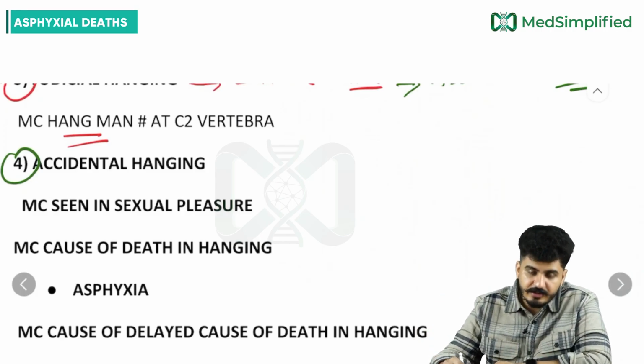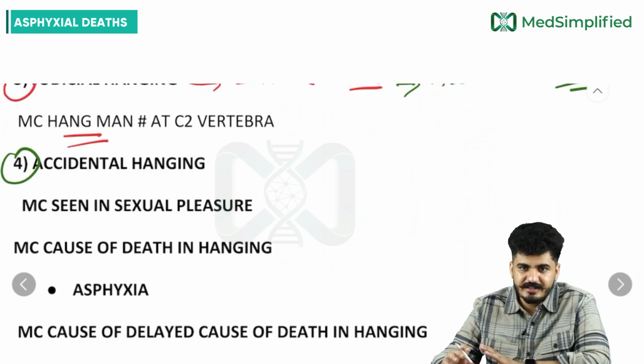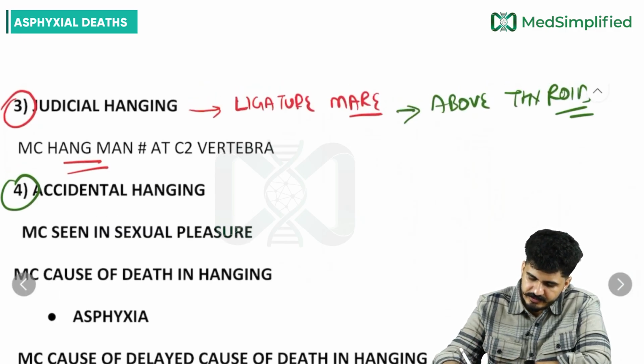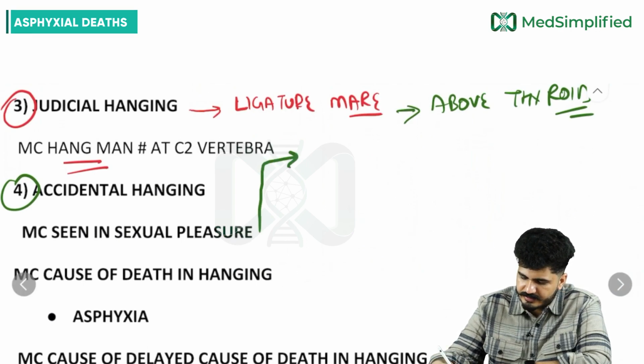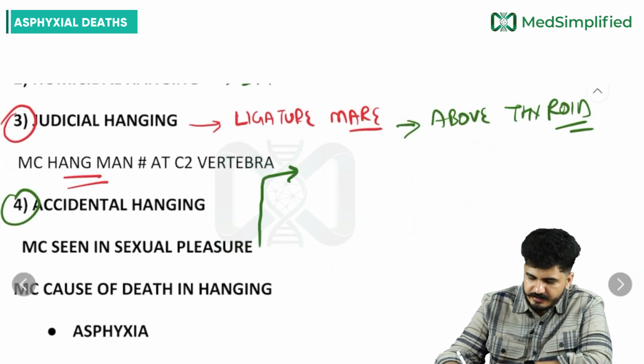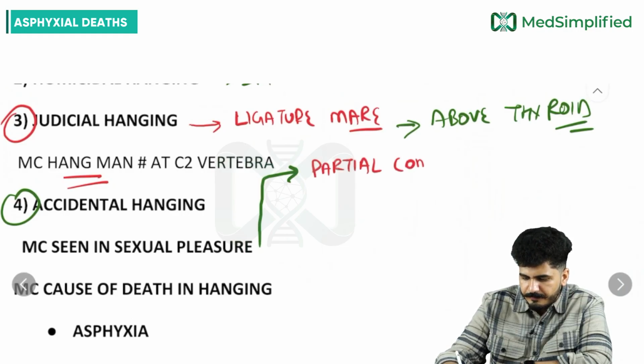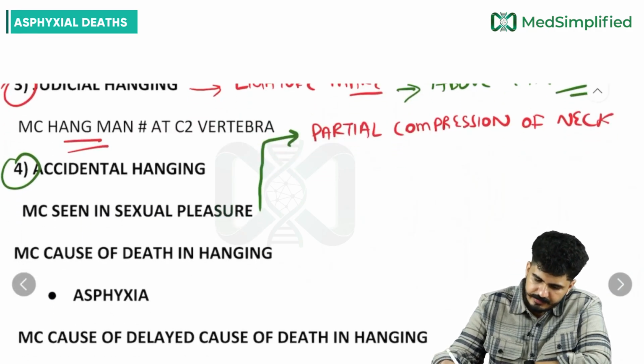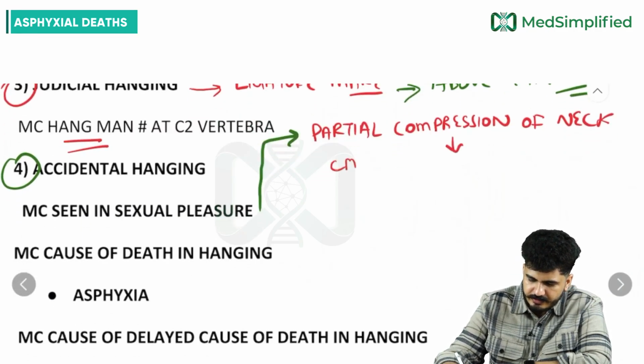So what can we learn here? There is partial, not complete, neck compression. It is for sexual pleasure. So what is the mechanism of injury or death? There is partial compression of the neck. Because of that partial compression, there is carotid compression.